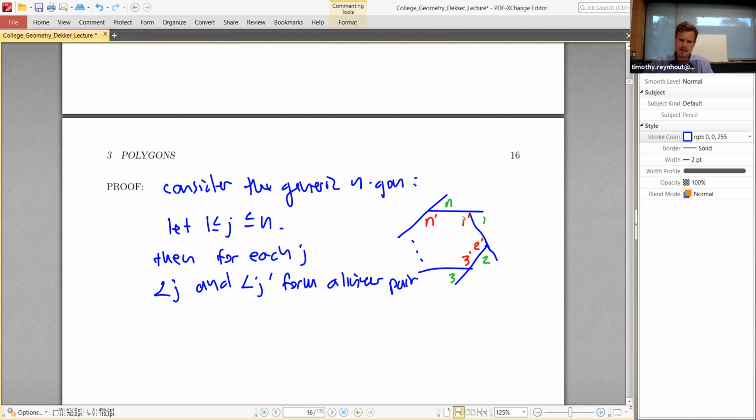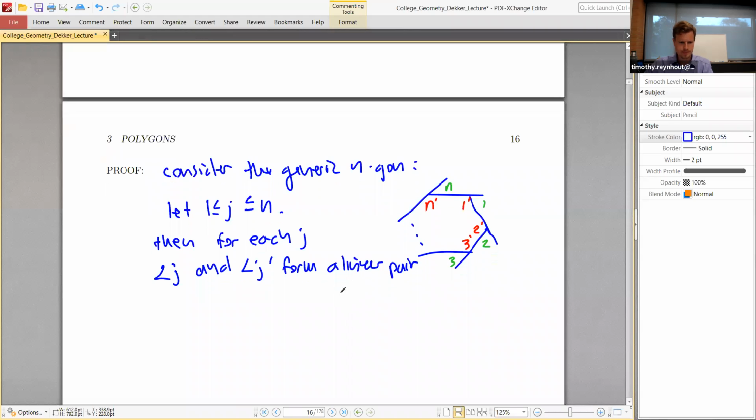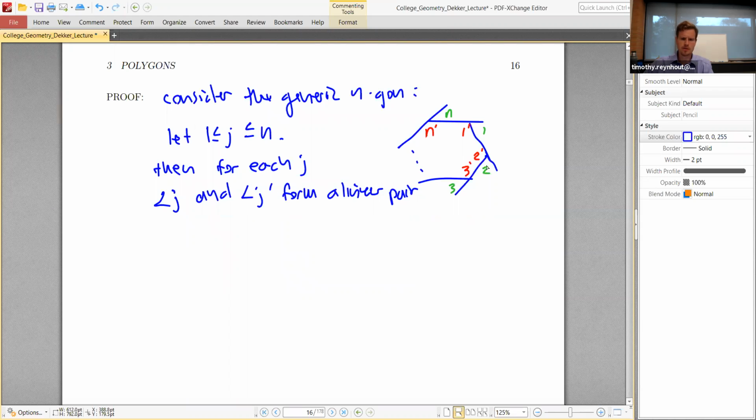We can see that, right, this side here is extended, so this angle and this angle form a linear pair because their non-common sides lie within the same line. Excellent. So each exterior angle and associated interior angle form a linear pair.